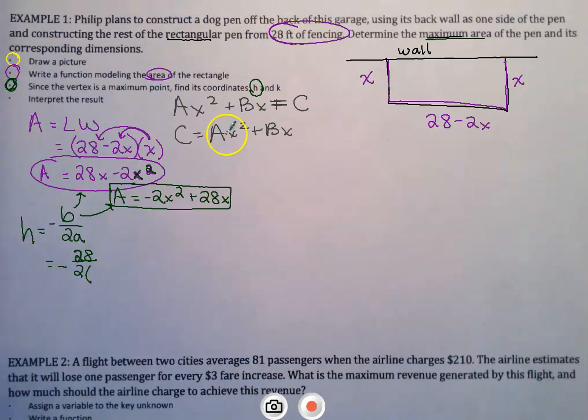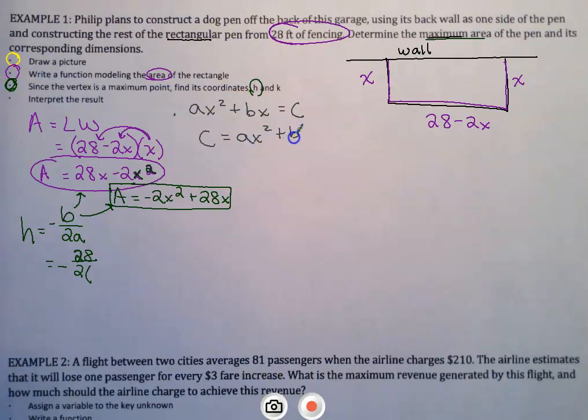Okay, we can do that. So you want ax squared plus bx equals c, or we could have c equals ax squared plus bx. That's fine with me.